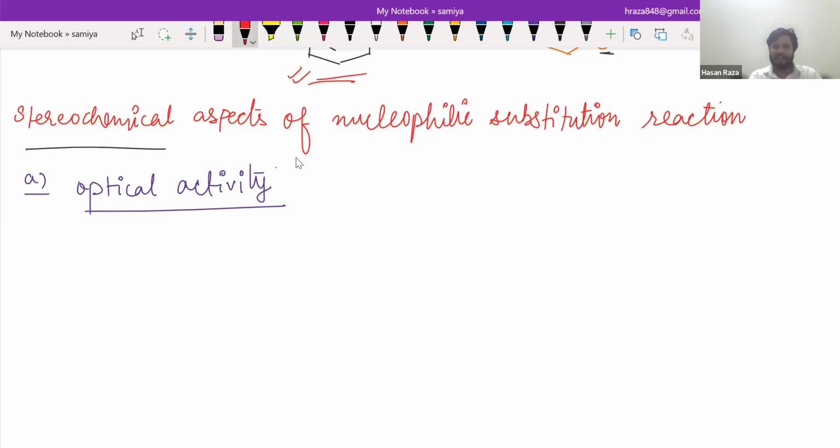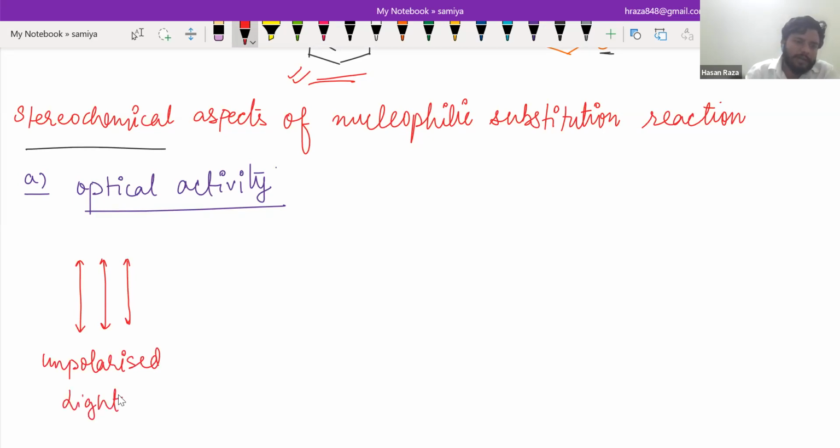Now, how are we going to decide which one is optically active and which one is optically inactive? So see, there is an experiment we are going to perform to understand whether a compound is optically active or not. We have unpolarized light first. These are all unpolarized light, and this unpolarized light is going to pass through a polarizer.